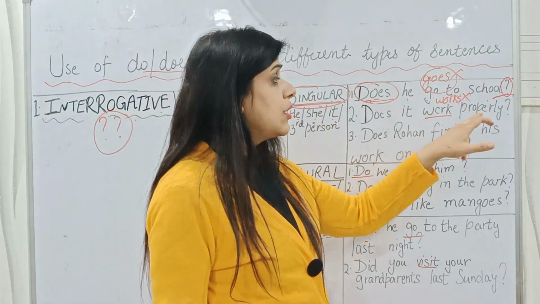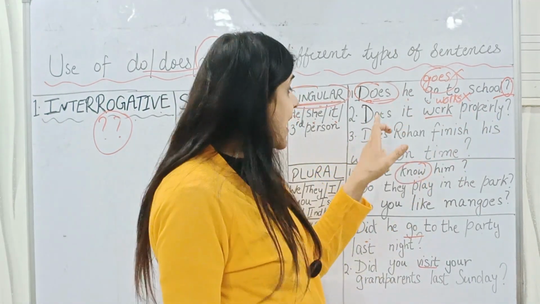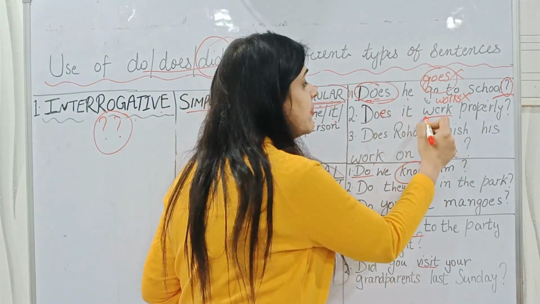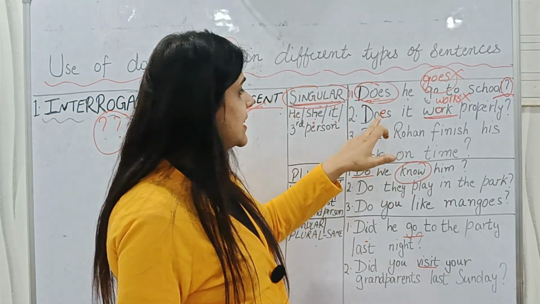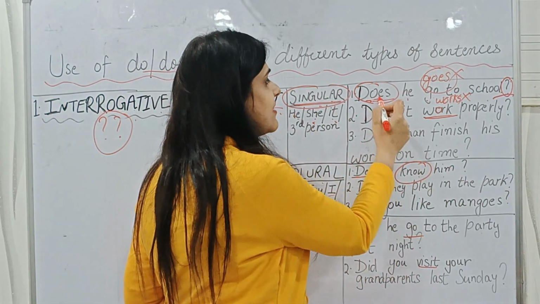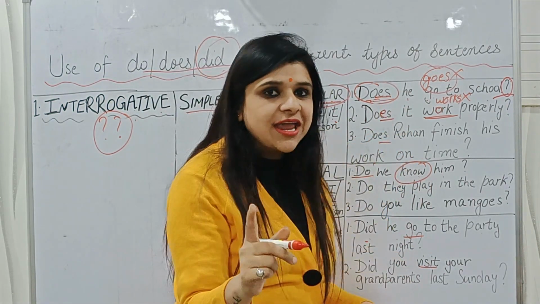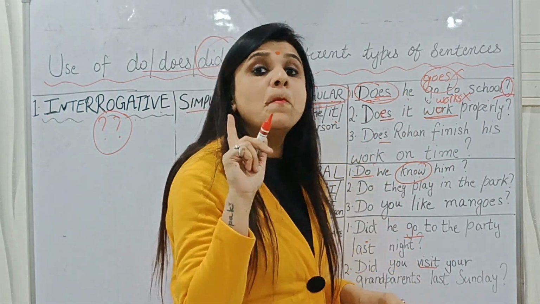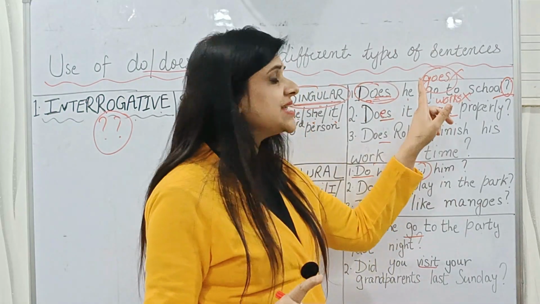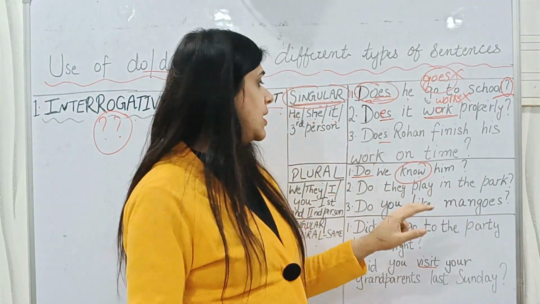Does it work properly? Does. Then we have a verb as work, not works, because in does already we have es here. So it's like a rule. Whenever you have does in the sentence, make a note, you never put s or es with the verb.